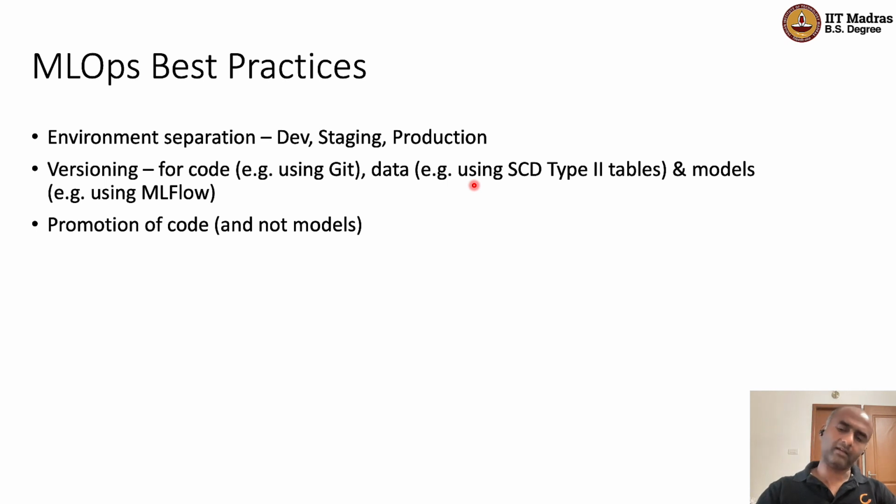Whereas if you have data that gets changed as a result of pipelines that executed earlier, then you might want to keep track of the change itself: what value was there before, what value is inserted now. Basically, that's similar to the slowly changing dimension type 2 table structure that we spoke about earlier in one of the week to week videos. So yes, data changes also have to be versioned, so make sure that you do the data management for it properly.